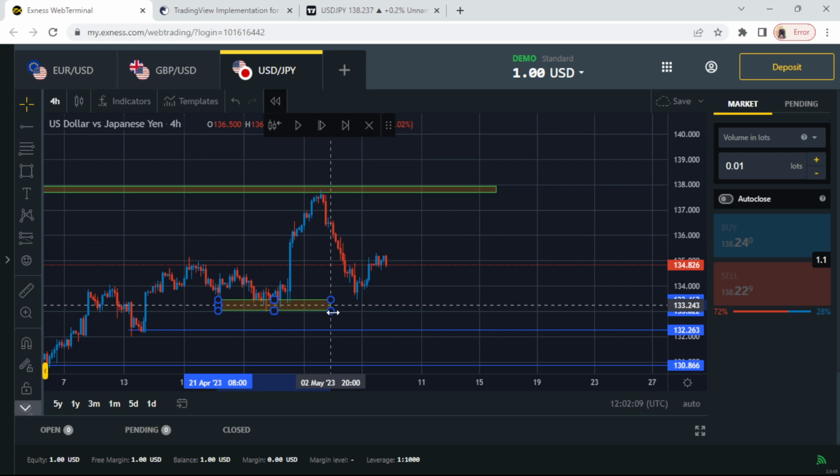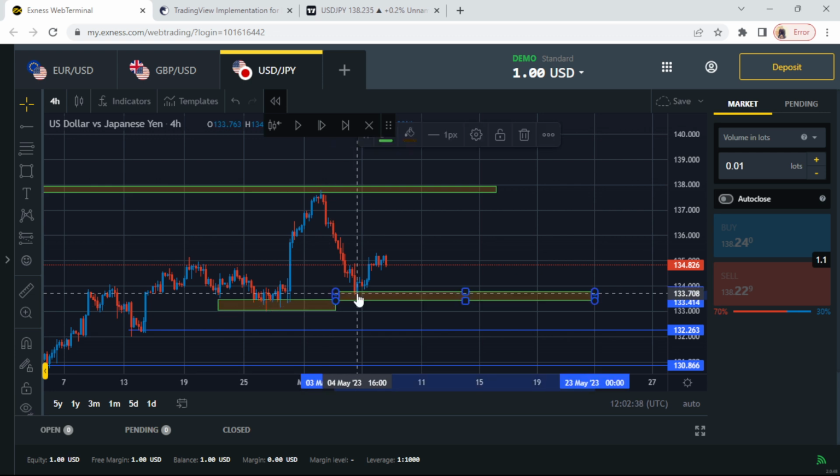My wick at some point was this low, and the price ended up closing above here. So where the body closed and where the wick was once at, that's how I draw my support and resistance. Okay, so let's play this and see how the price rolls out.